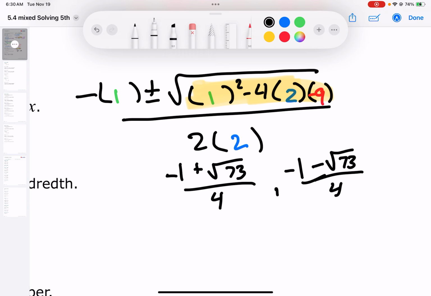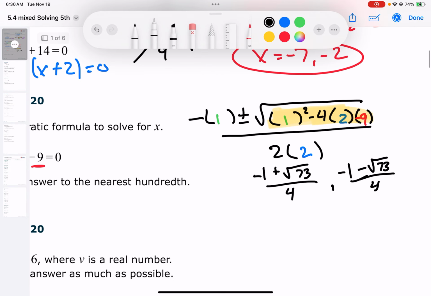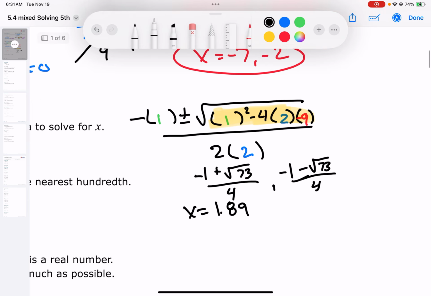So is this x? Yep. X equals 1.89. 6 makes that go up. And then this last one, we'll put it into my calculator. I'm just going to go up and change the sign. Divide by 4. That gives me -2.39.